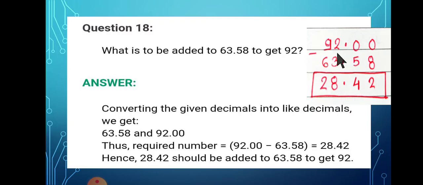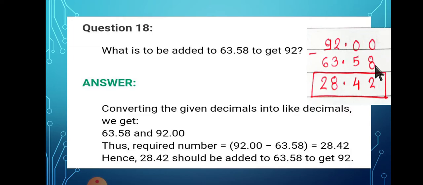Then how do we subtract? 92.00 minus 63.58. We will take a borrow from the 2, so it becomes 10 and the 10 lands on the given carry, so it becomes 10 and this digit becomes 9.